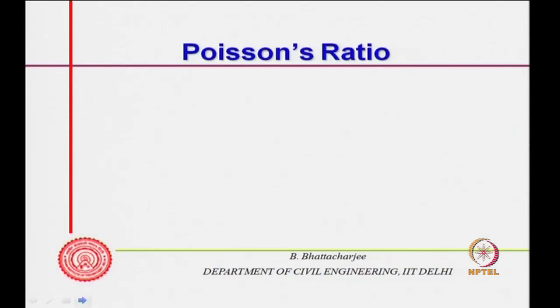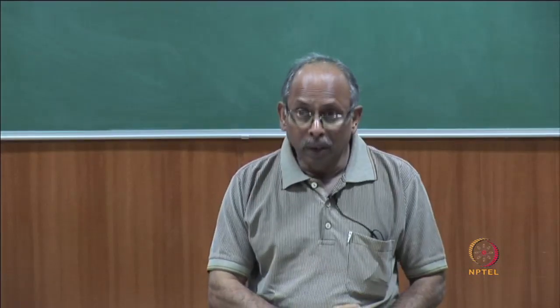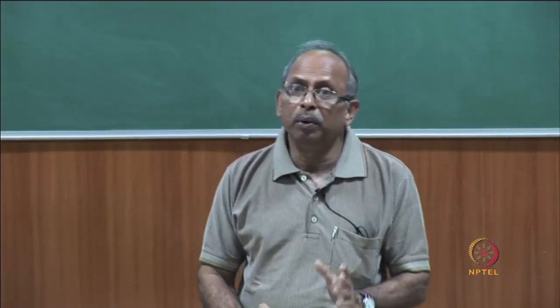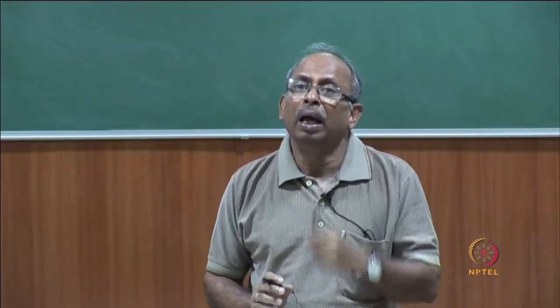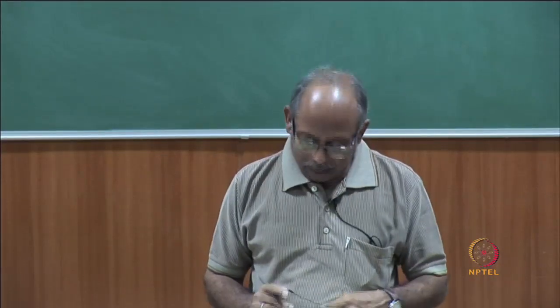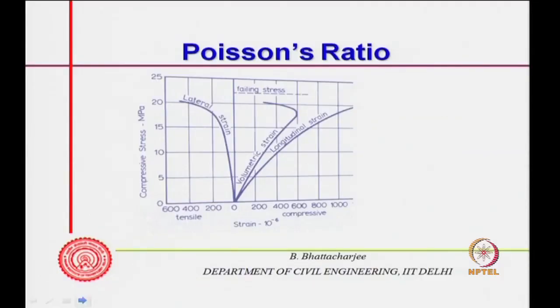Now, let us look at the next property, which is Poisson's ratio. This is important to find out lateral deformation when you have applied a longitudinal stress, in an axial situation. When you apply load, this is compressive loading and this is tensile.